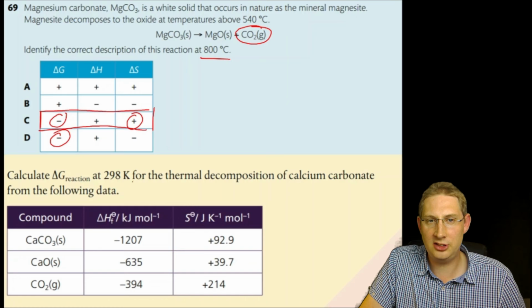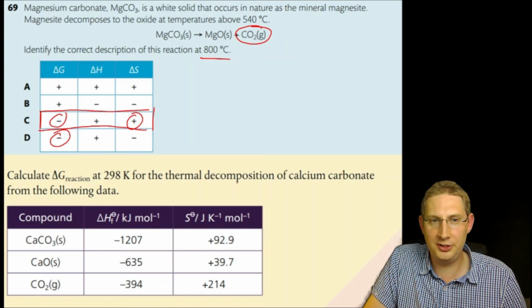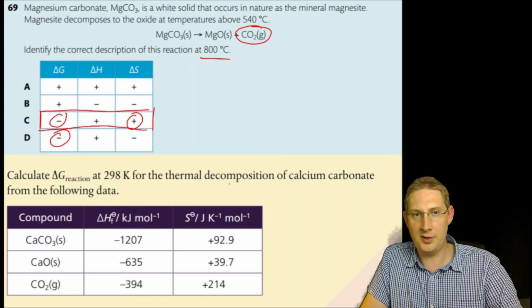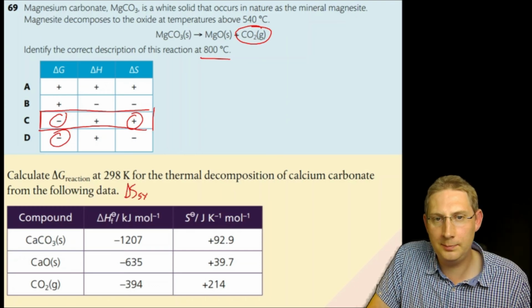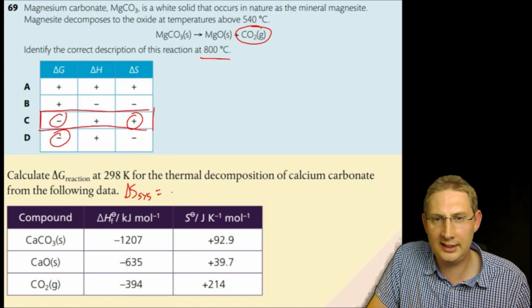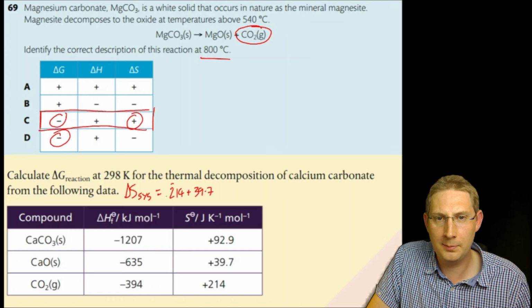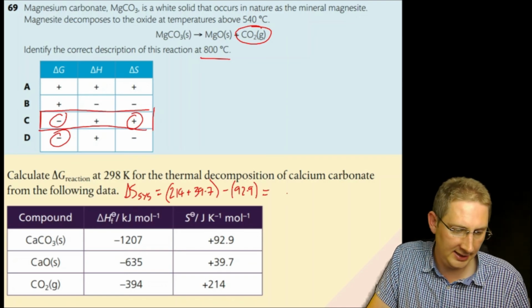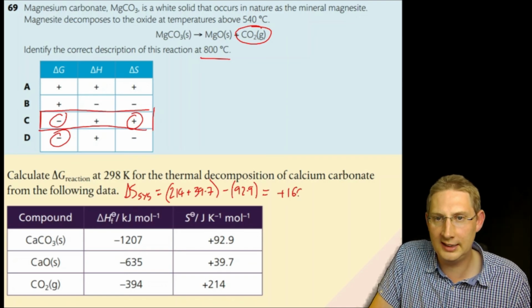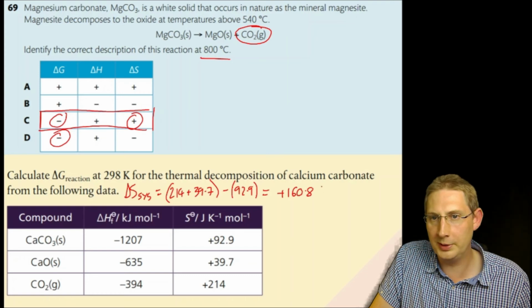Calculate deltaG reaction at 298 K for the thermal decomposition of calcium carbonate from the following data. So deltaS system is products minus reactants, so 214 plus 39.7 minus 92.9, again all positive numbers, nice and easy to calculate, which is plus 160.8 joules per Kelvin per mole.